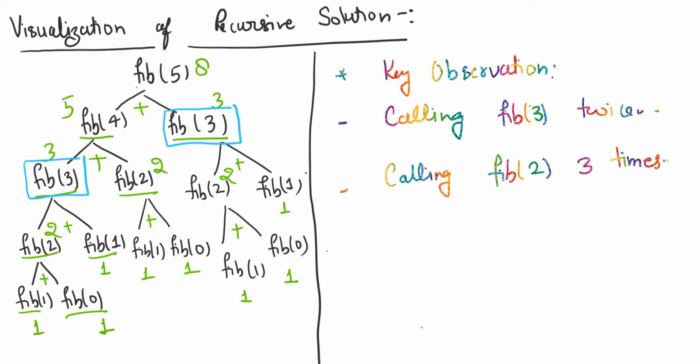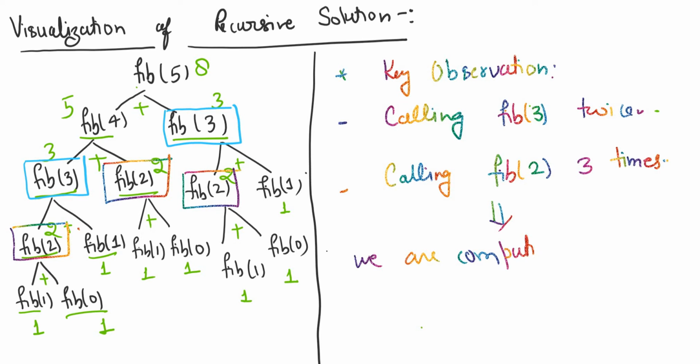And we are also calling Fibonacci 2 three times. So the general observation is that we are computing the same value again and again, and we should not do that. We should compute every distinct value only once.